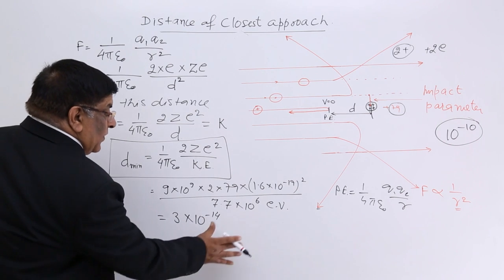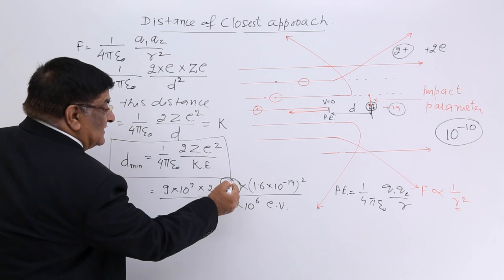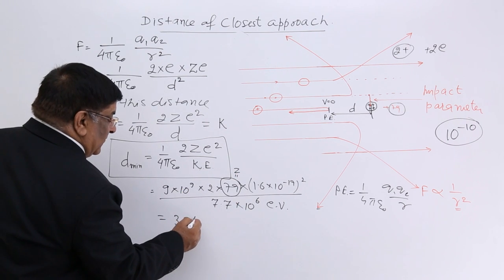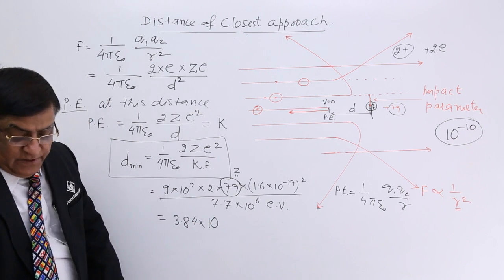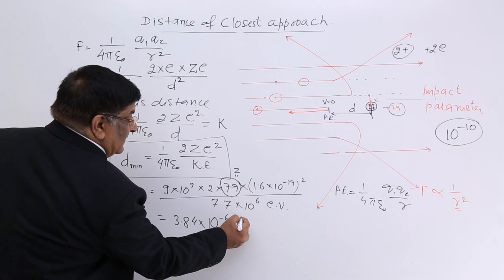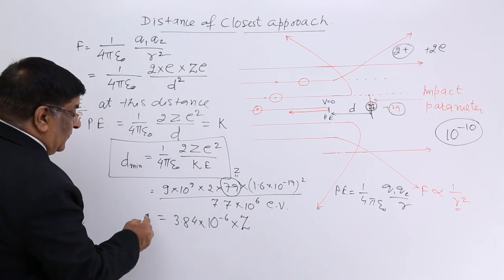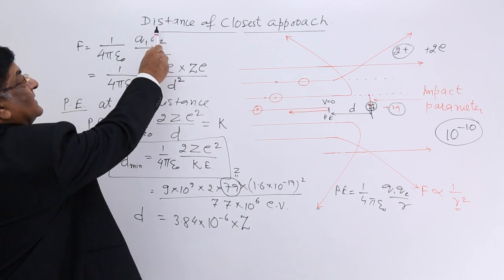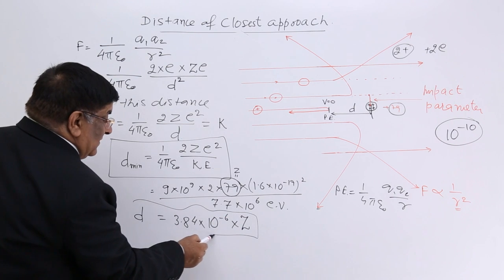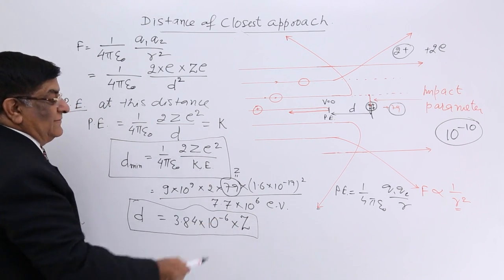Or if you want to remember a general formula, then you leave this Z, then this will be 3.84 into 10 to the power minus 6 multiplied by this Z. So this gives the formula for distance of closest approach for any material which has got atomic number Z.